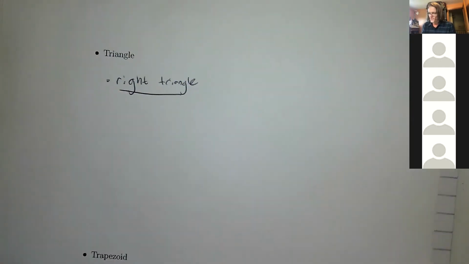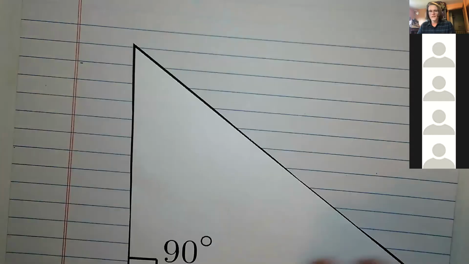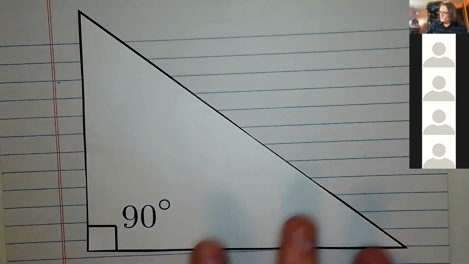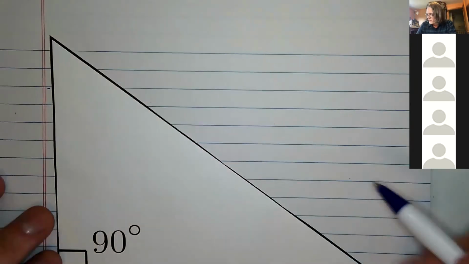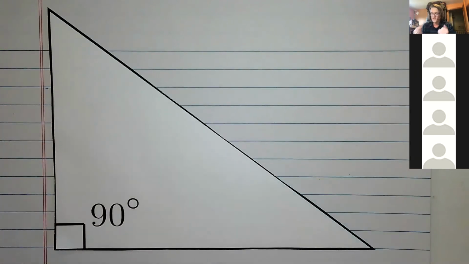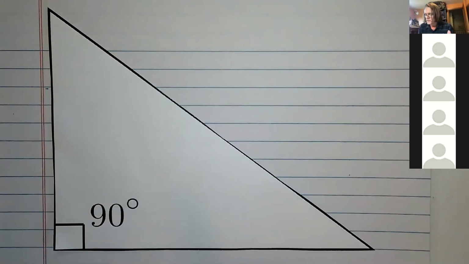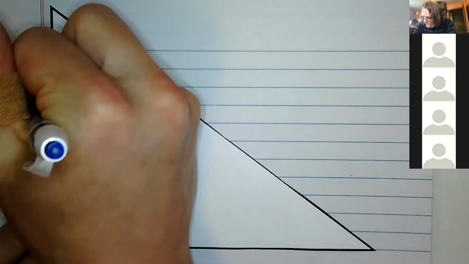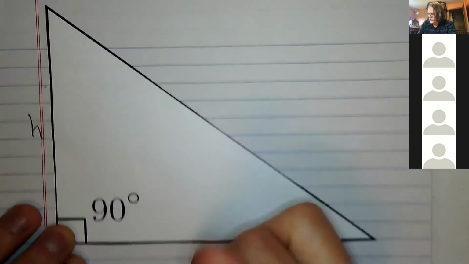So for the right triangle, as I said, it just means that there's a 90-degree angle in it. Or you can think of it as basically two of the sides meet perpendicular. So like this could be a floor and this could be a wall, and they meet, hopefully, if your house is built well, at 90 degrees, right? All right. Anyway, so this is our shape. I will call this H, and I'll call this B.